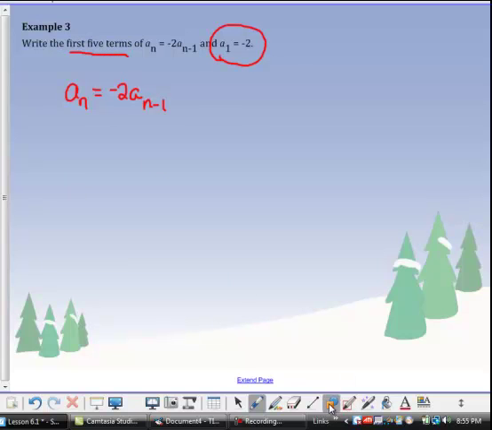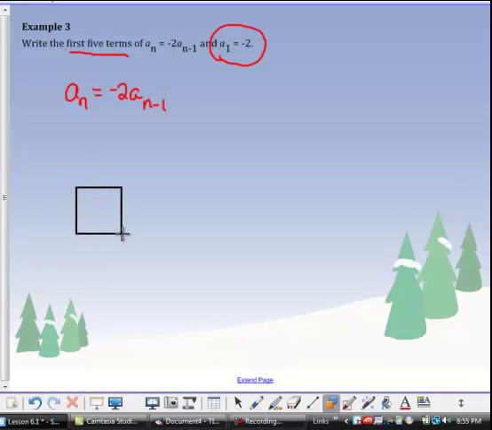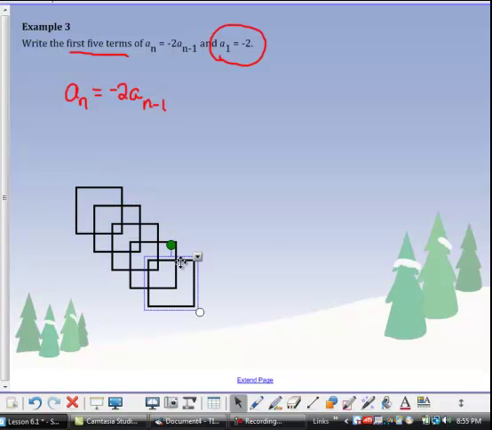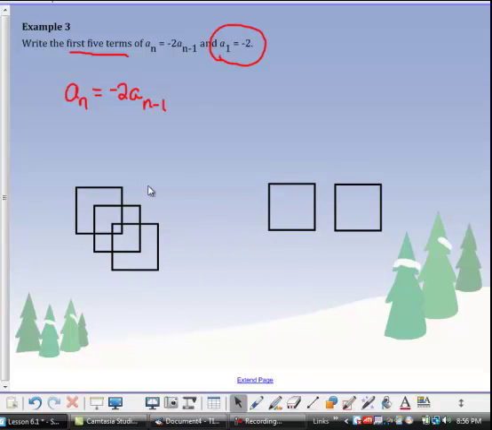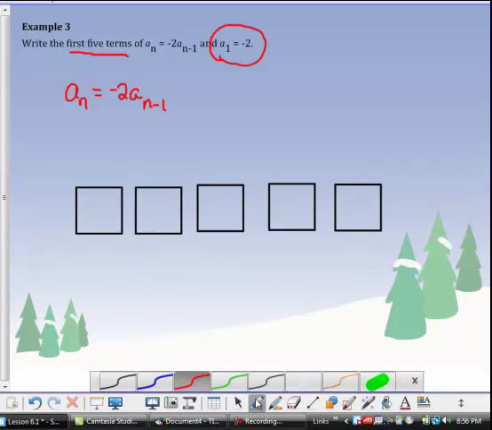So the first thing I'm going to do is set out 1, 2, 3, 4, 5. I just like putting these boxes up here so I keep my mind straight. And they represent my places.